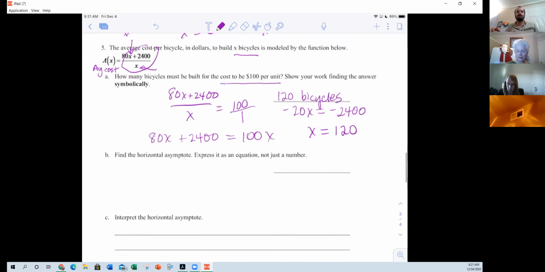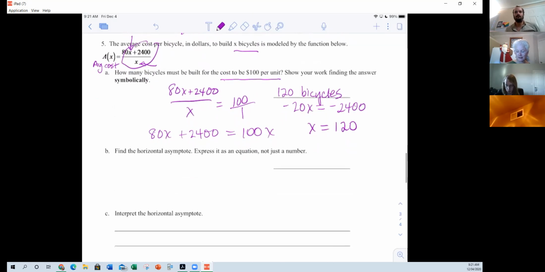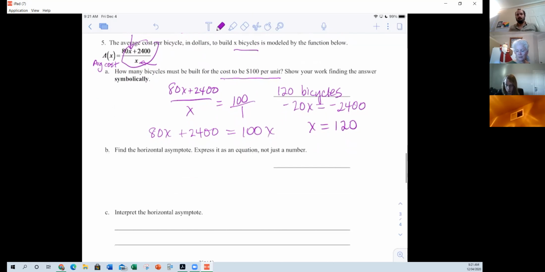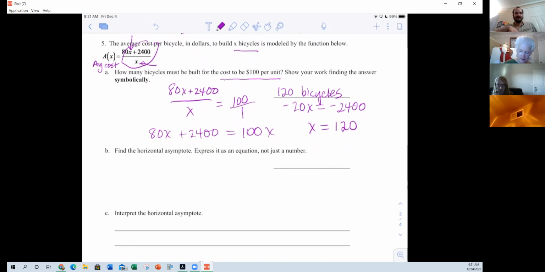It says find the horizontal asymptote and express it as an equation, not just a number. A lot of people just put a number. You have to write the variable. If it's just a number, that doesn't tell me a lot. So on this one, the degree in the numerator is the same as the degree in the denominator.